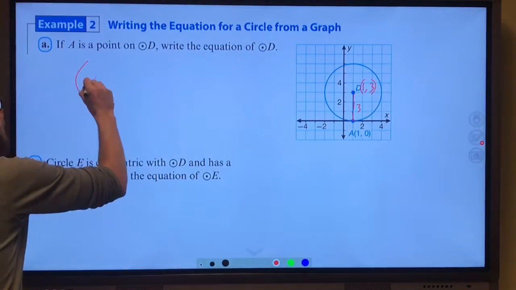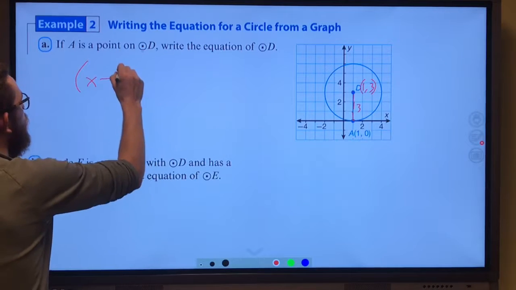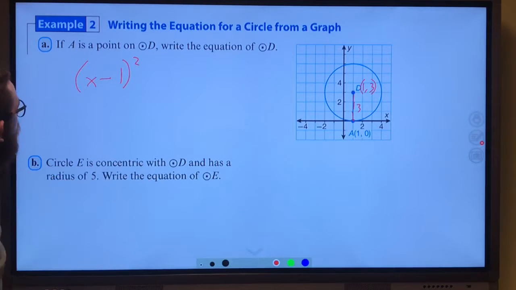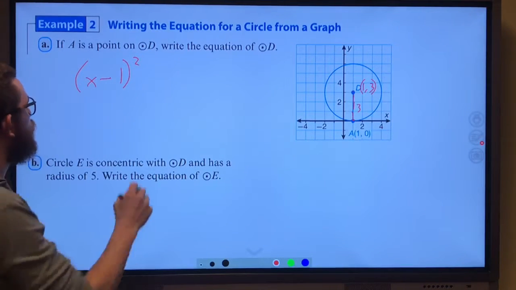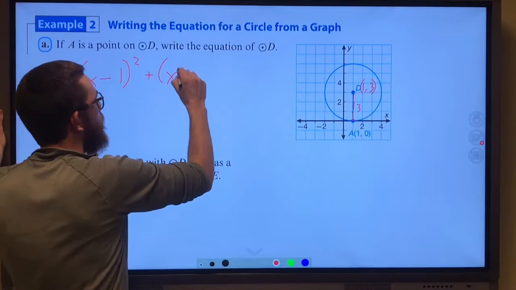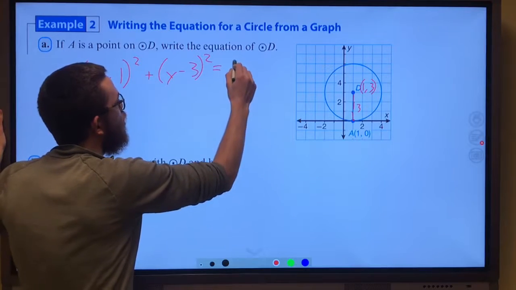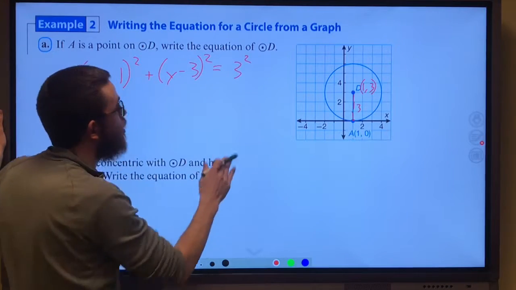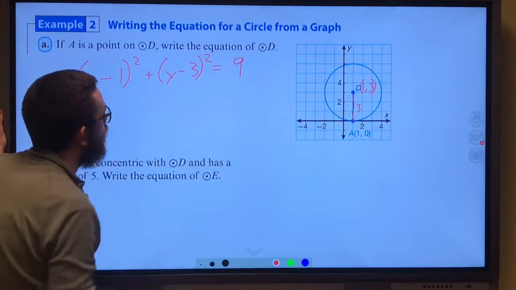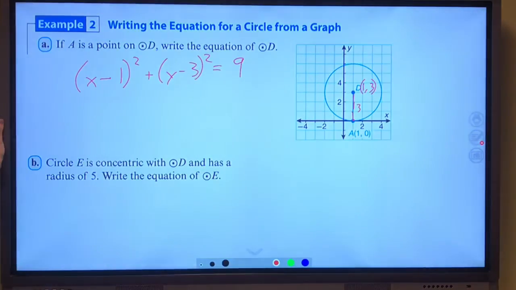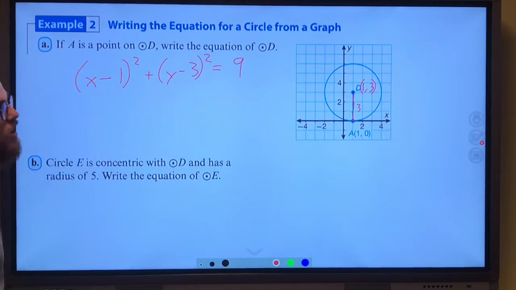It's going to be (x - 1)² + (y - 3)² = my radius squared, so that's 3 squared, which gives me 9. You don't have to simplify it. It's x minus the x coordinate of the center, y minus the y coordinate of the center equals the radius squared.